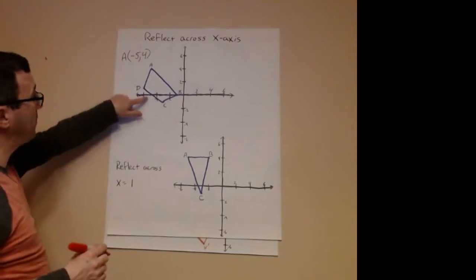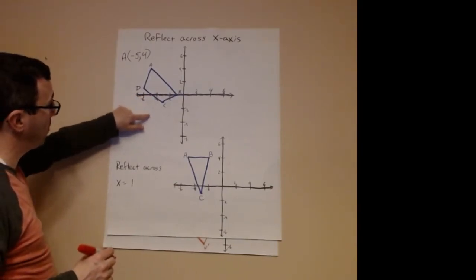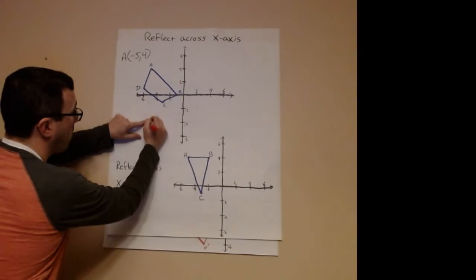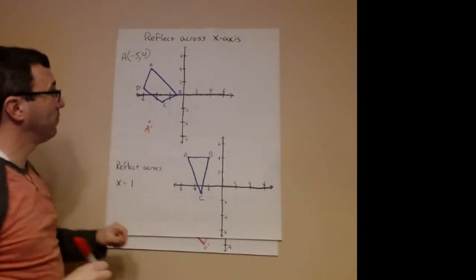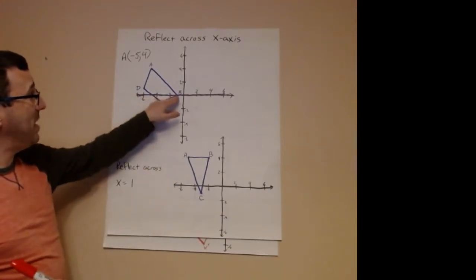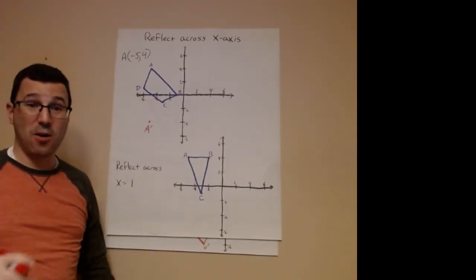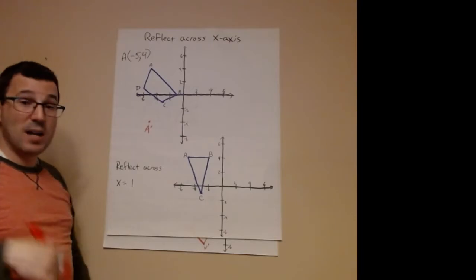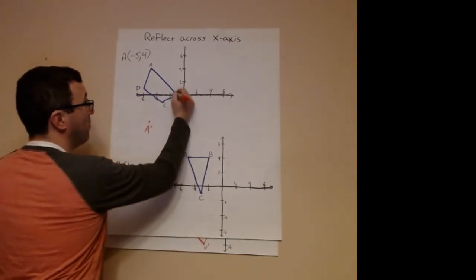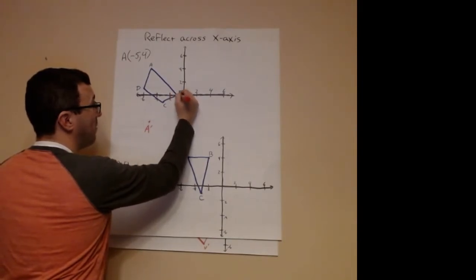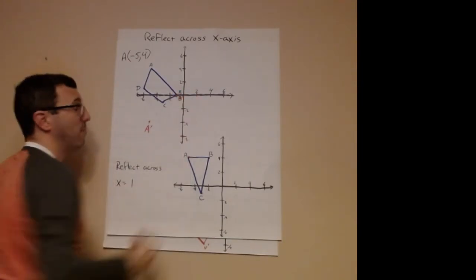So A prime is going to be 1, 2, 3, 4 below. There's A prime. B, well, B is right on the x-axis. It's not above, it's not below. So B prime is actually going to be in the same spot. B prime.